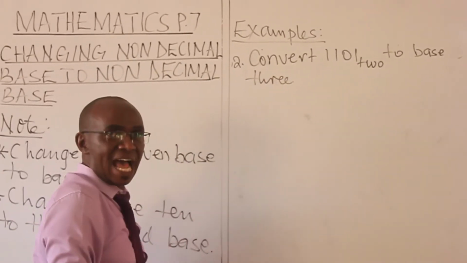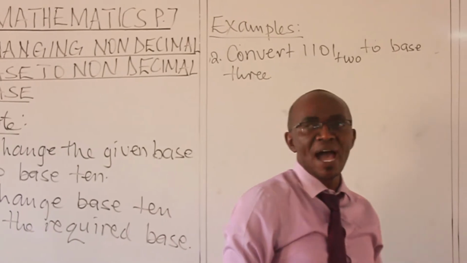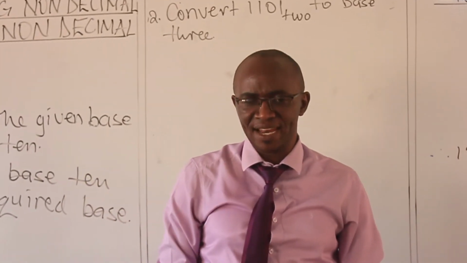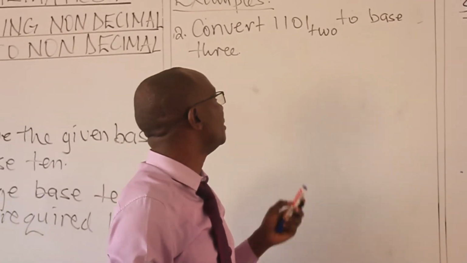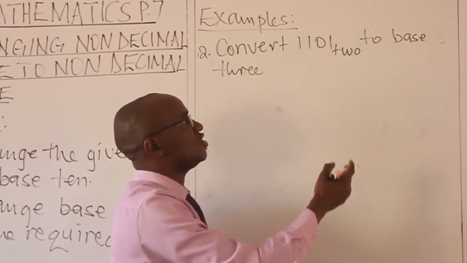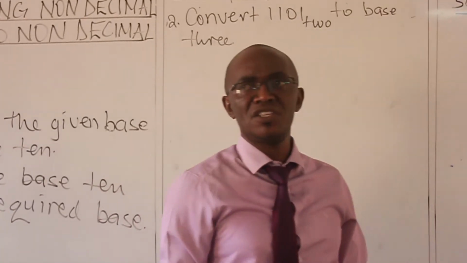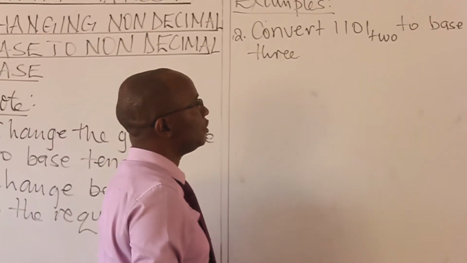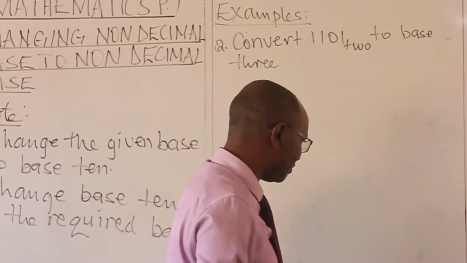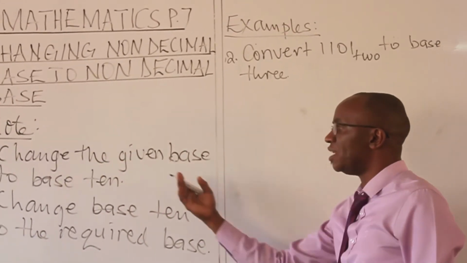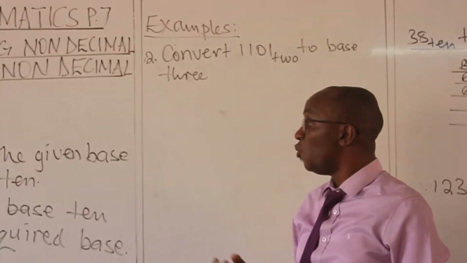So the two bases are non-decimal. Remember I said non-decimal bases are those bases that are not base 10. So now I am changing 1101 base 2 to base 3. Now what did I say? Go back to the steps. I said in the first case, you first change the given base to base 10. Which is the given base?